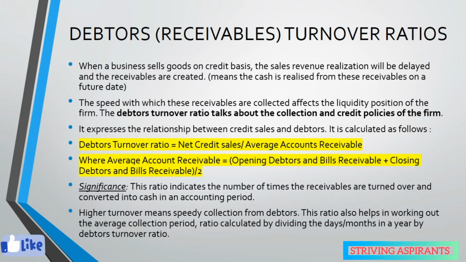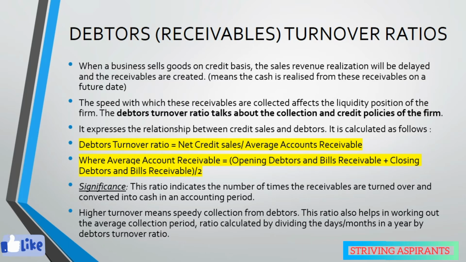It expresses the relationship between credit sales and debtors. The calculation is debtors turnover ratio equals net credit sales divided by average accounts receivable. And the average accounts receivable equals opening debtors and bills receivable plus closing debtors and bills receivable divided by 2.